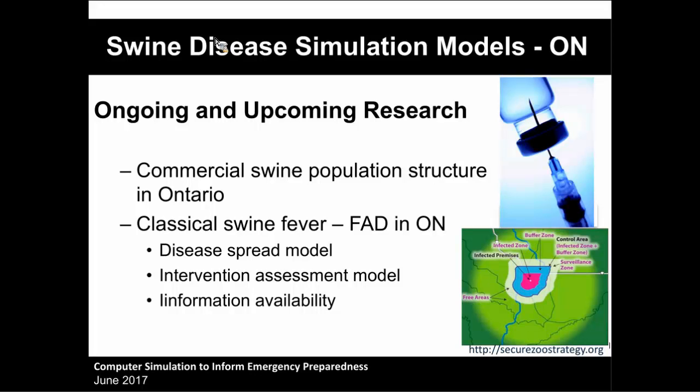But for the simulation model, it is very important that we get the right population structure to run the simulation. And once we have the simulation, we wanted to look at what happens if some foreign animal diseases, for example, classical swine fever or FMD, get introduced into the Ontario commercial swine population. How far would it spread? And we would assess the known interventions. How efficient would they be?